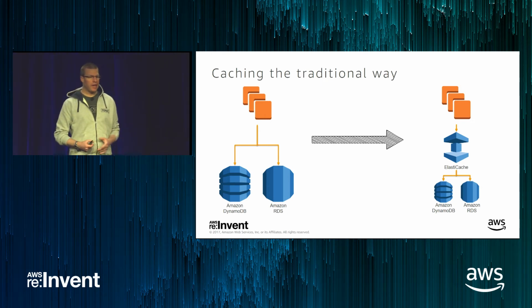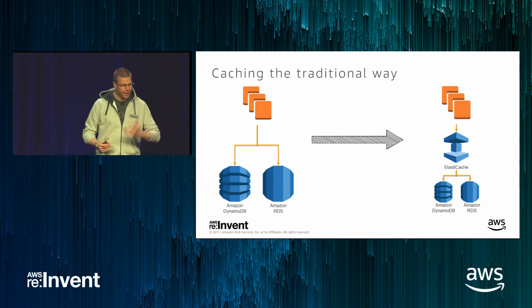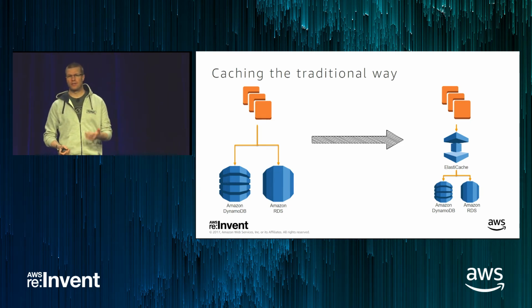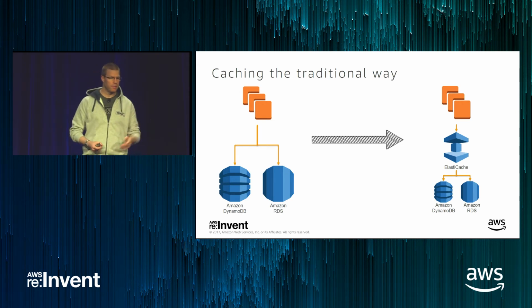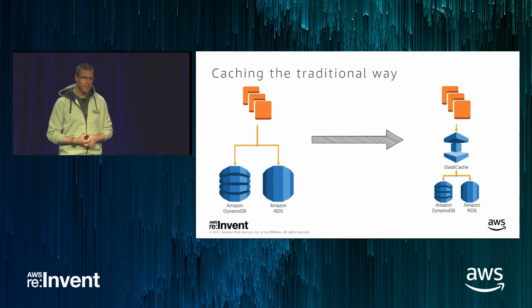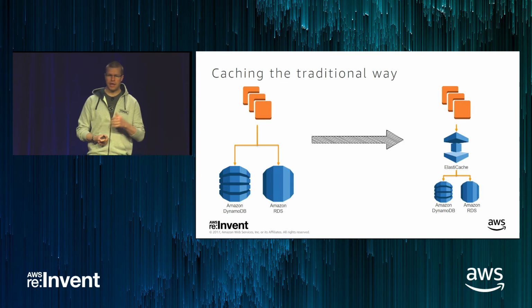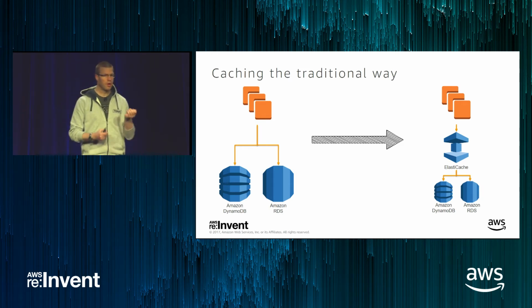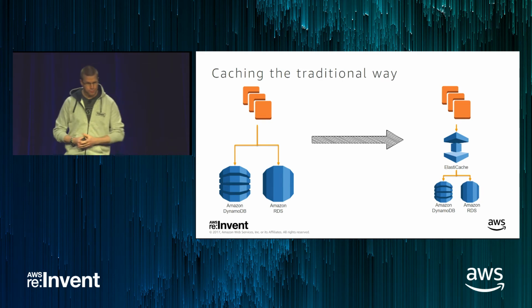As you can see in this slide, caching the traditional way: we have an application that is directly talking to databases. I just took DynamoDB and Amazon RDS here as an example. And then we put something in between, like ElastiCache, also just mentioned by Konstantin. If we can't do that on our application service in RAM, we should buy external RAM, and that's ElastiCache.